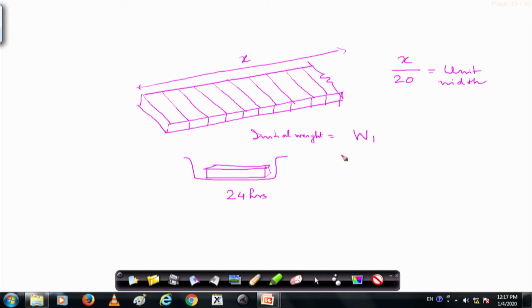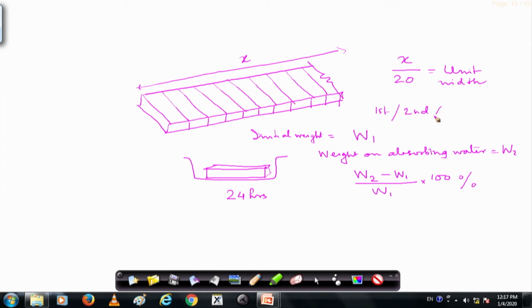After 24 hours, you get the weight on absorbing water, and that be W2. So, if you do W2 minus W1 by W1 into 100, you get the percentage of water absorbed by the brick and make the average, and you can call the lot first class or second class or third class.